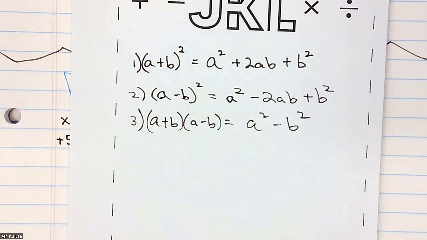Work the formulas, right? And that's it when you multiply. Disclaimer, you can always fall back on foiling or box method. Okay, you can always just multiply.